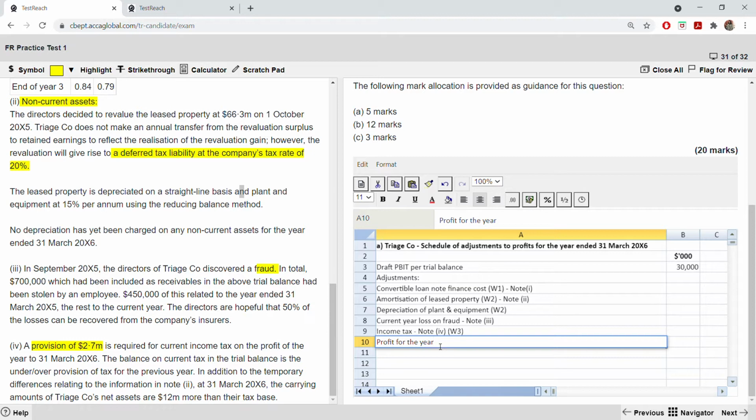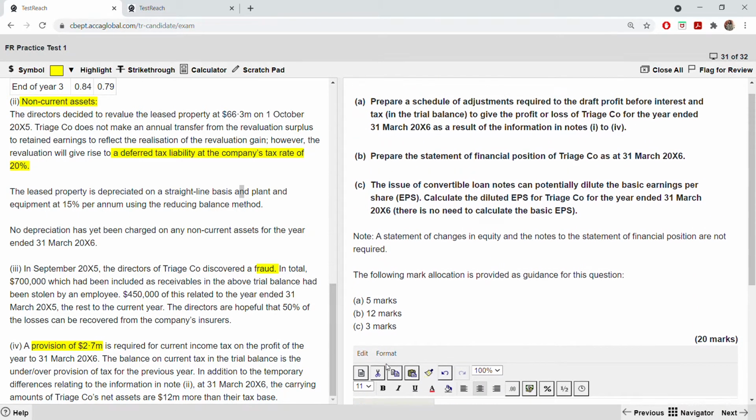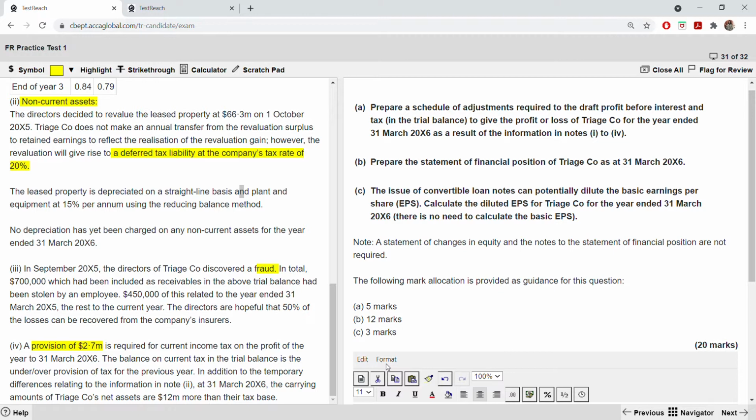Next, what should you do? Here, if I see the answer, what they have done is they have also done part B and then they have shown the workings.